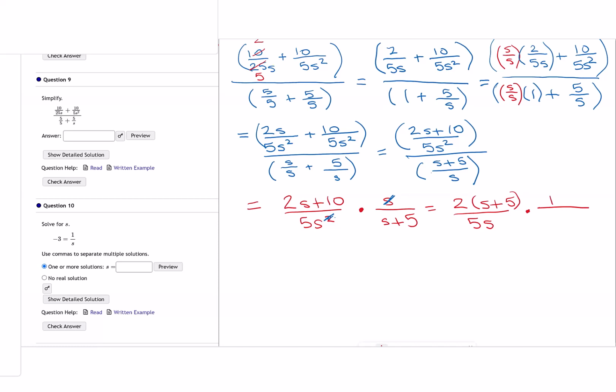That becomes a 1 and s plus 5. Perfect. I can cancel s plus 5 with s plus 5. I didn't cancel a term, I canceled an entire factor. This becomes 2 over 5s. And that's my final answer.